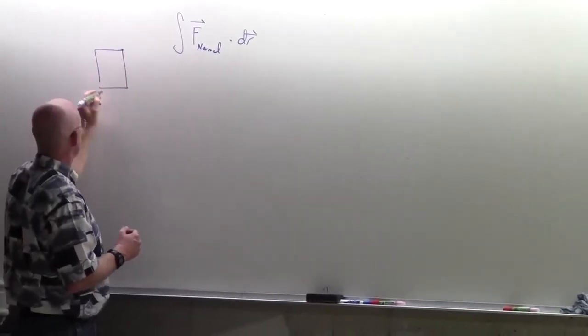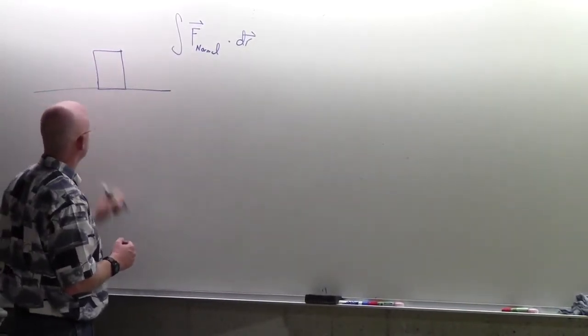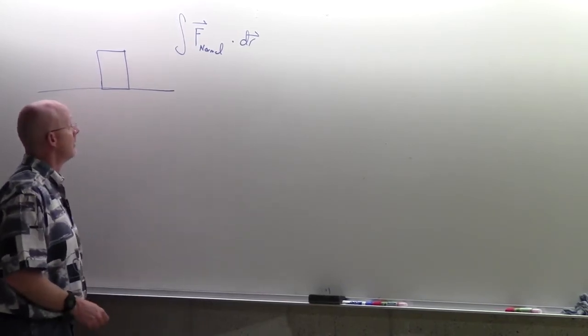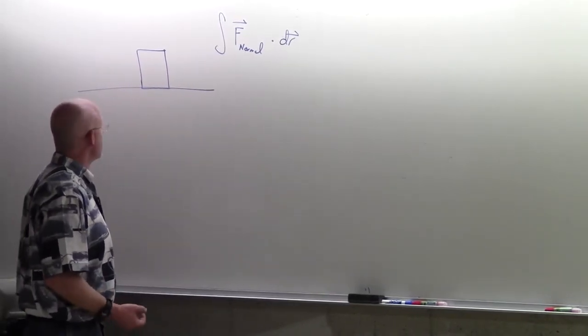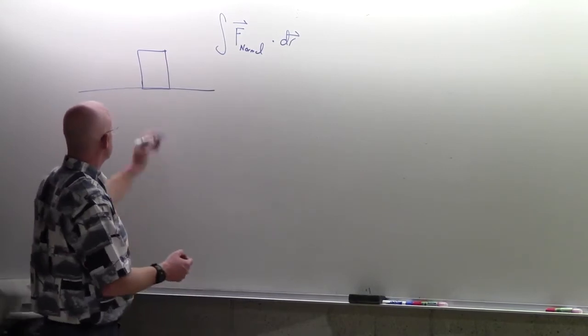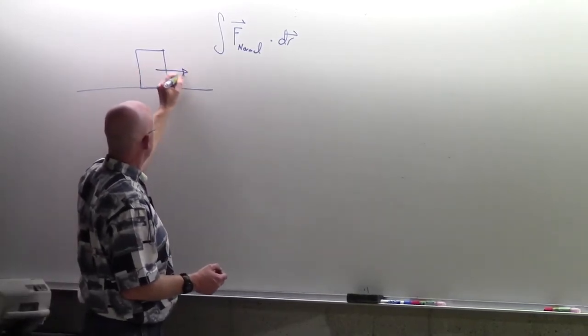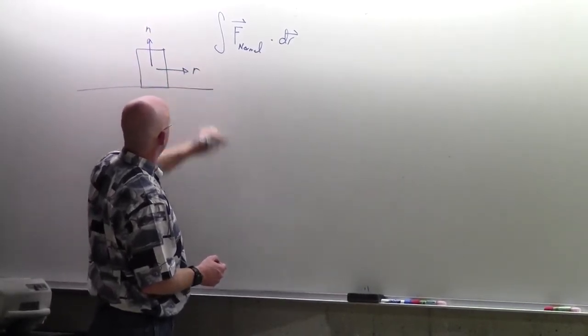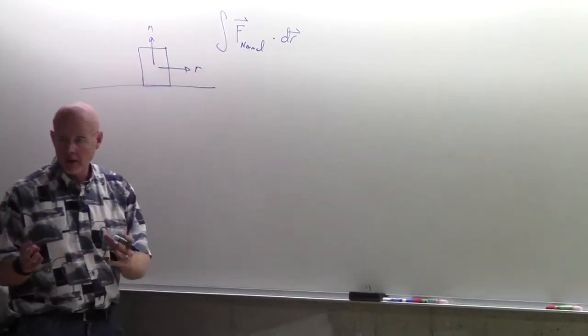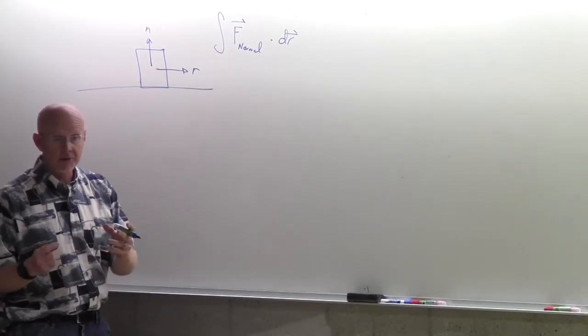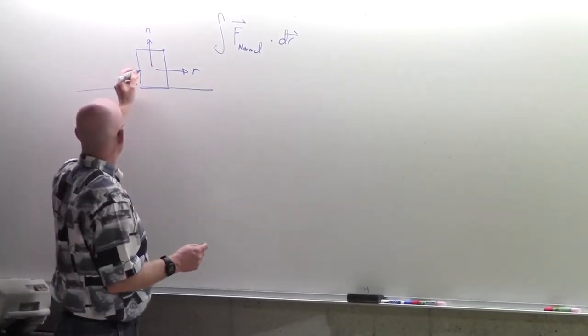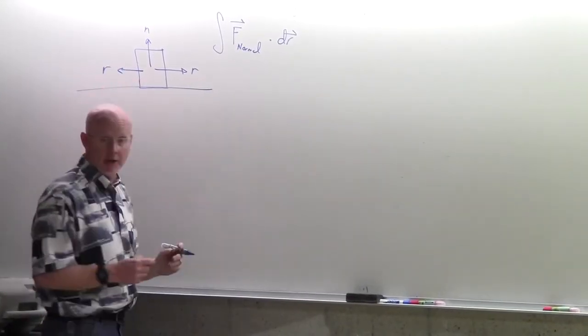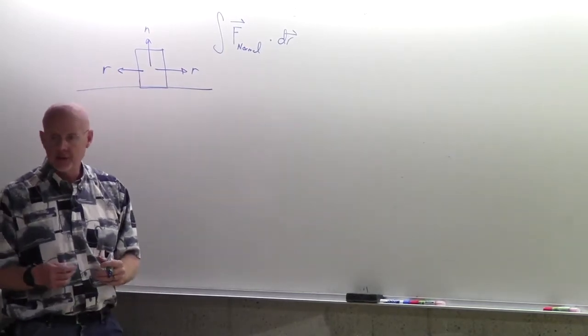Here's my object sitting on a table. So let's see. If the object moves, say, to the right, isn't the normal force up? So how much work would be done there? 0. If the object moves to the left, how much work is done? 0.